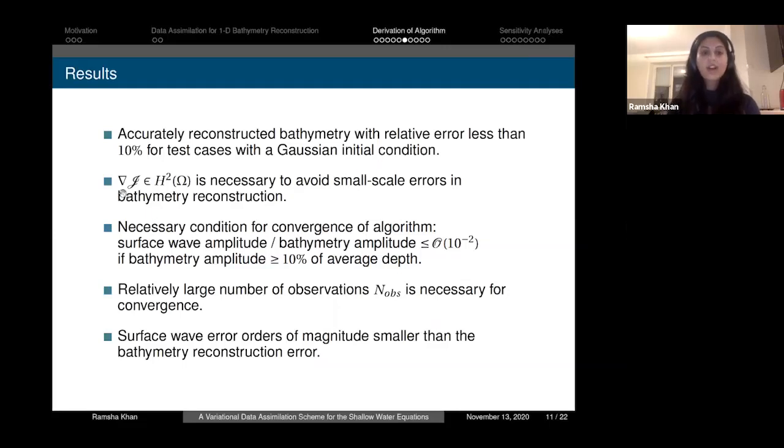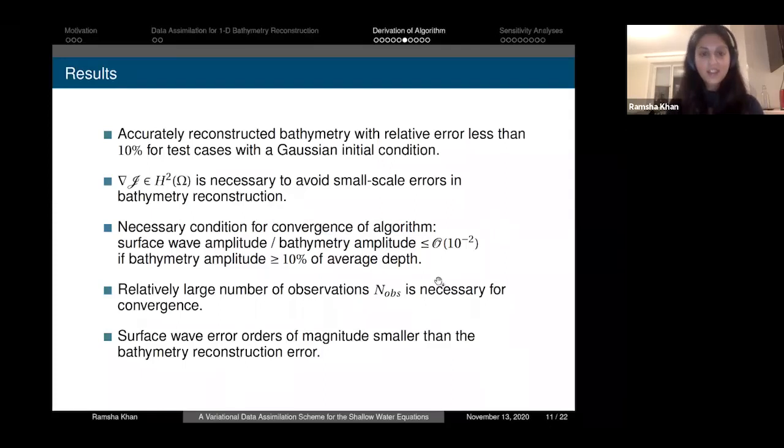And so we saw that having the gradient in H2, which we achieved by finding it in L2 and then using a low pass filter to dampen all frequencies in Fourier space beyond a cutoff point, actually gave us a big reduction in small scale noise in the reconstruction. And I'll show a couple of plots of that to illustrate in a second.